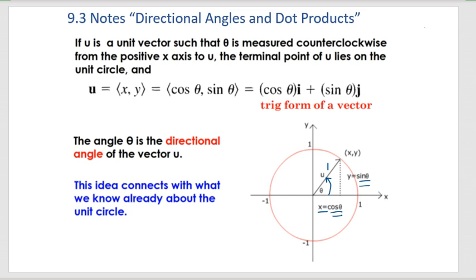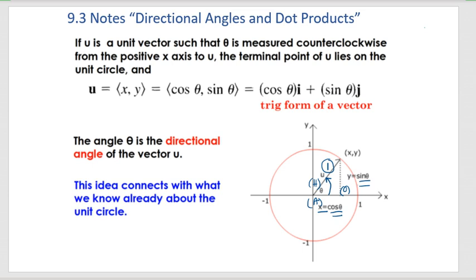Why is that true? Because this side is adjacent, this side is hypotenuse, and this side is opposite. So our x is the cosine of theta because it's adjacent over hypotenuse, and y is sine theta because it's opposite over hypotenuse. And remember, since this is a unit vector, that length is 1.